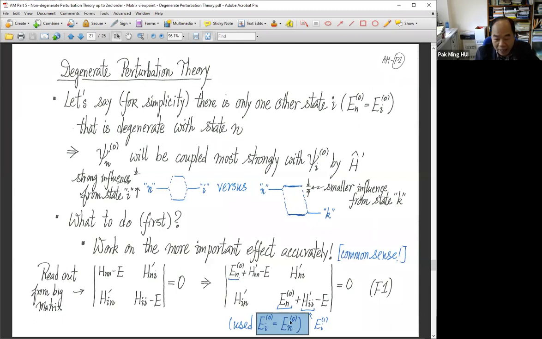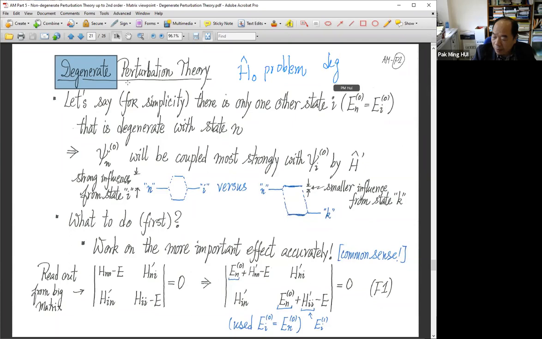Is that the question? Okay, now remember what we are focusing on, degenerate perturbation theory. That means the following. In your H0 problem, there are some degenerate states. Okay, so do you understand this statement first?